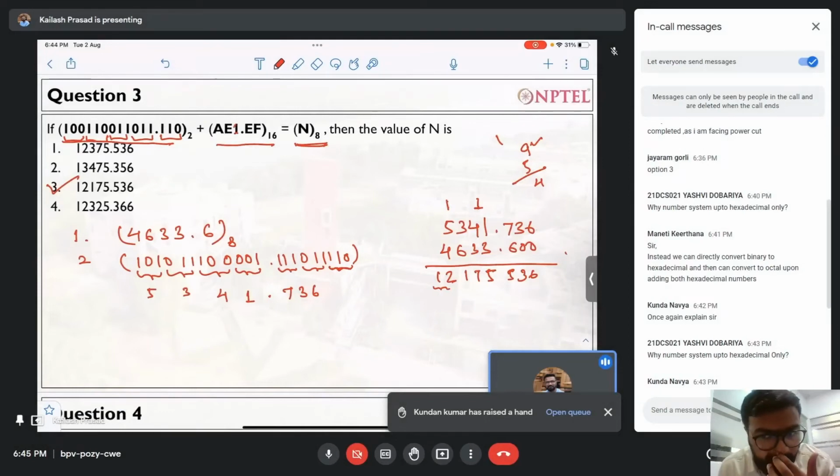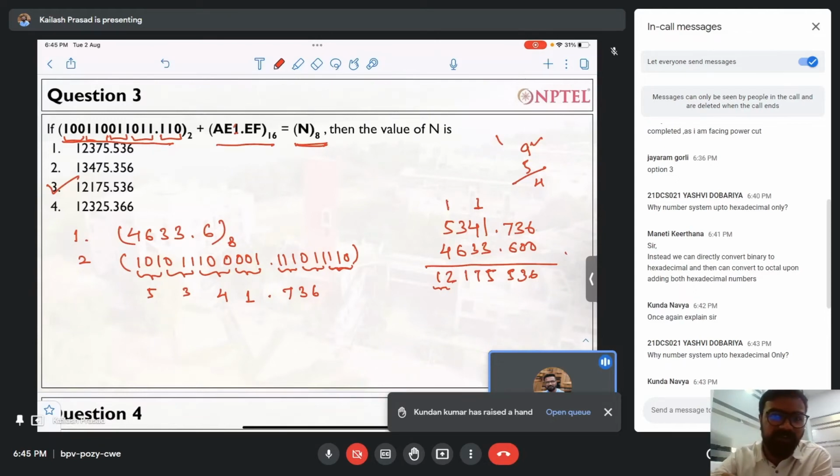Now the question was why the number system only goes up to hexadecimal, right? See, we have come up with different number systems to represent large numbers in a very small representation. Up to hexadecimal, people have realized they can represent very large numbers in a very small representation, so they have not gone beyond that.